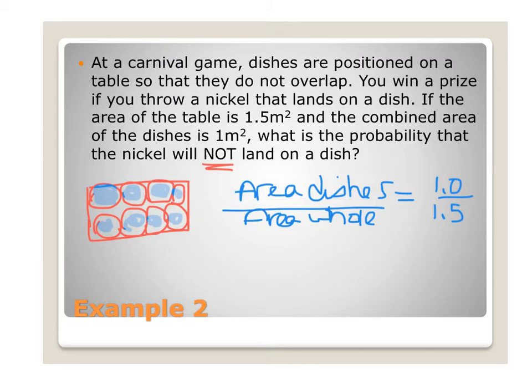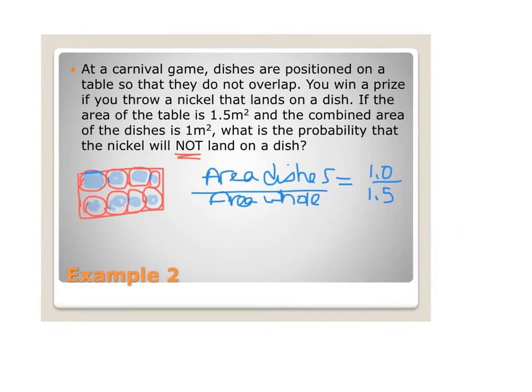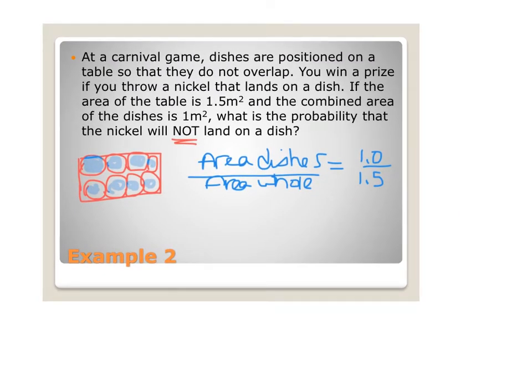I can't leave a decimal in my fraction, so I can multiply the numerator and the denominator by 10, or just move my decimal point once in the top, once in the bottom, make it 10 over 15, which simplifies to 2/3. So this would be the probability of it landing in the dish.